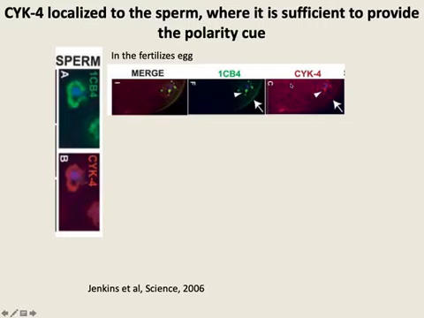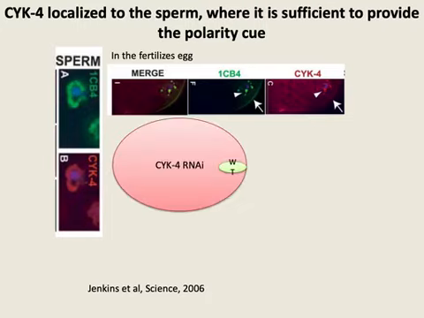So the idea here is that the sperm is basically bringing, very locally, an inhibitor of Rho activity. And now that's going to trigger the onset of polarization. And in this experiment, what they did is use a mutant egg for CYK4 but a wild-type sperm, and then they can get polarity. So the function of CYK4 is important in the sperm.